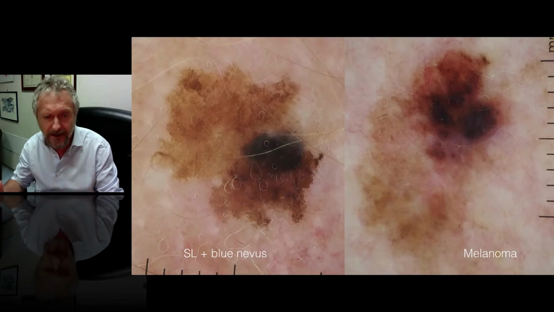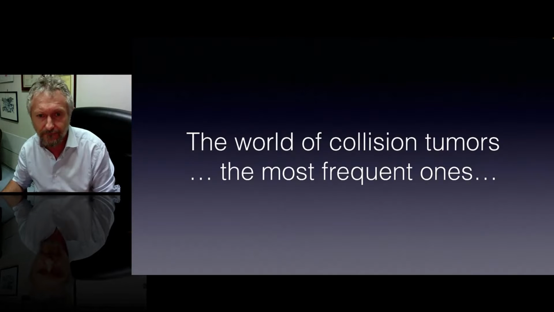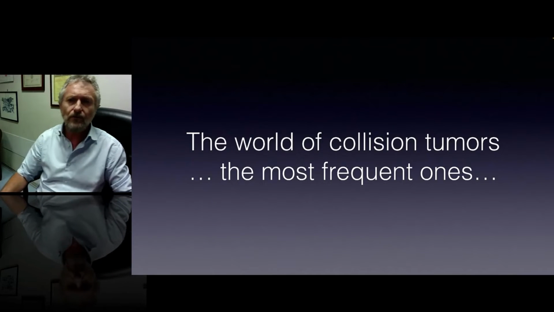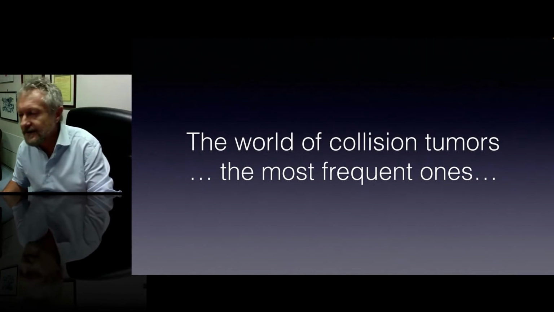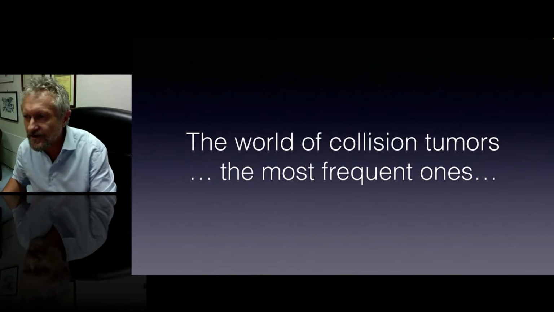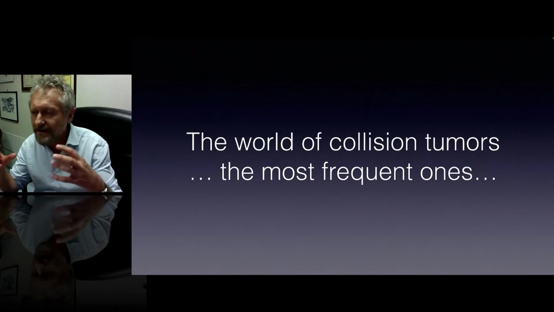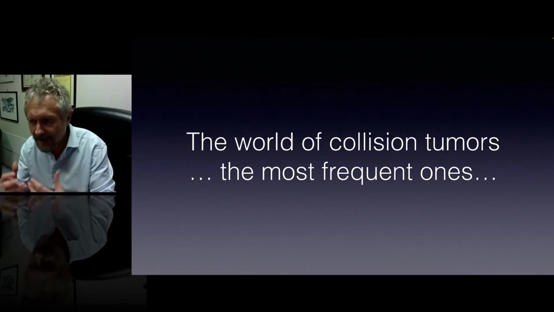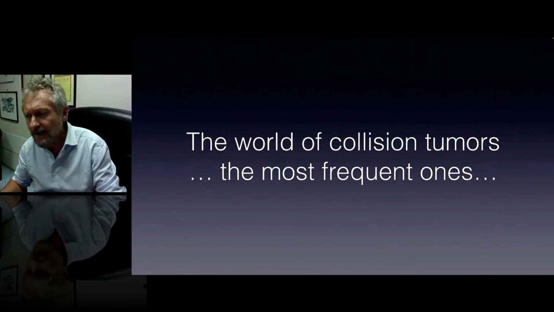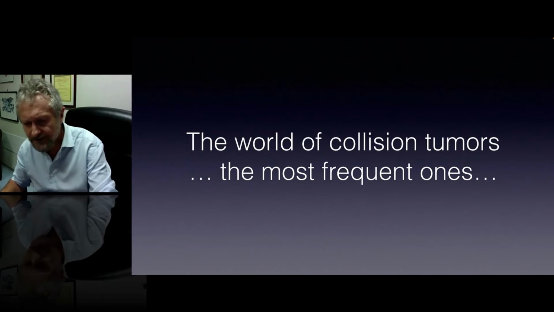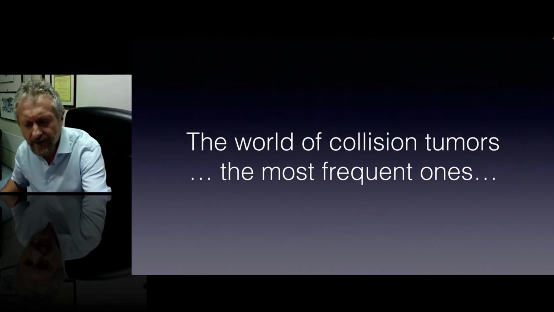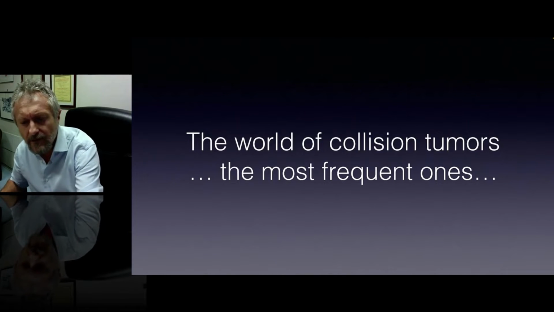It's just a by chance phenomenon. So the world of collision tumors is very huge. So we can have a combination of many types of lesions together. But I want to concentrate a little bit on the most frequent collisions.